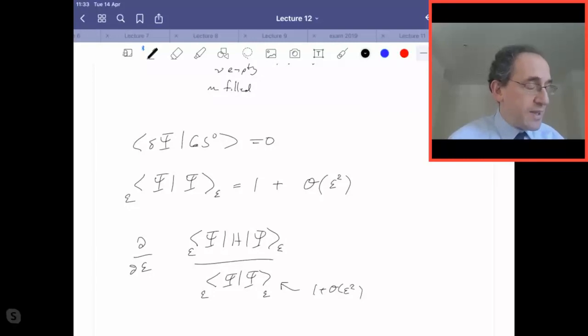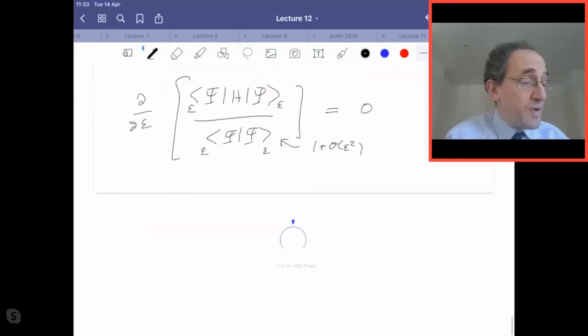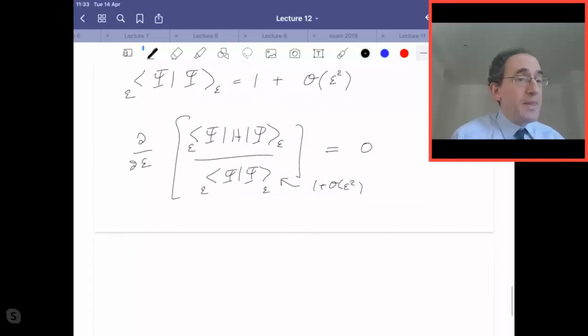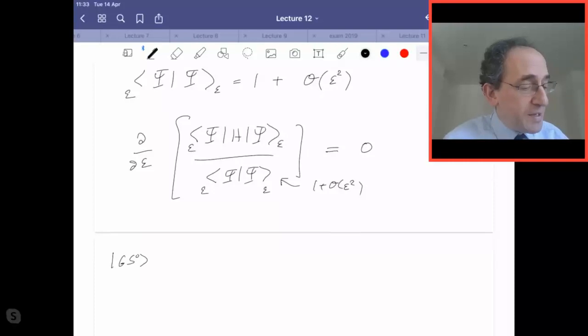Since we're only doing things to order epsilon, we can drop the epsilon squared term, and we want to set this derivative equal to 0. And then we actually only have to worry about the numerator being equal to 0 because the denominator has no derivative.